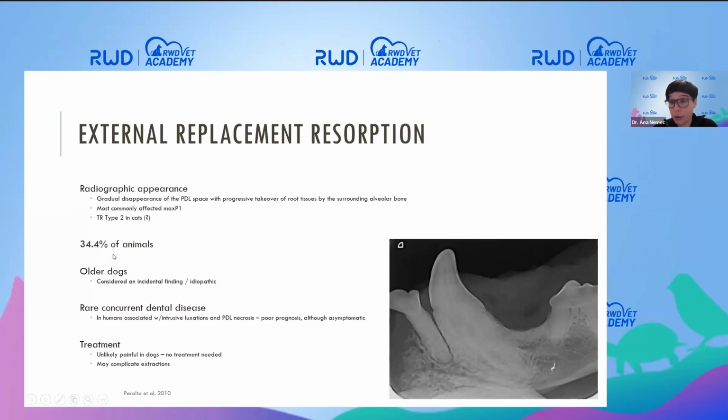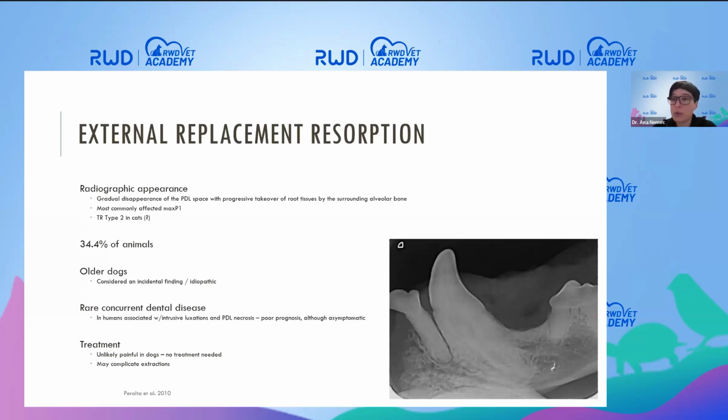It affects about 1/3 of dogs, usually older dogs, and usually the maxillary first premolar tooth is commonly affected. Again, as long as it's limited to the root, it is considered non-painful. We don't really know the significance of it.